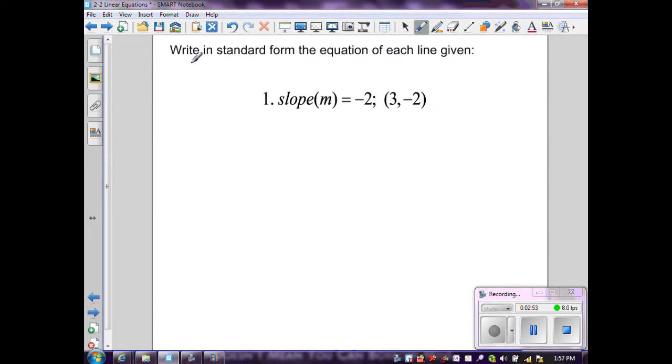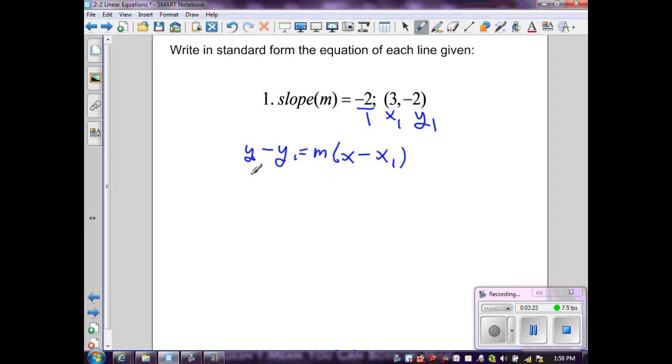Our first example, write in standard form the equation of each line given. 1, the slope m equals -2. Recall that it is a ratio of rise over run, so we have a denominator of 1. And we have a given point on the line, which we know is x and y. We can call this x sub 1 and y sub 1. We first want to substitute into our point-slope formula, which we know is y minus y1 equals m times x minus x1.